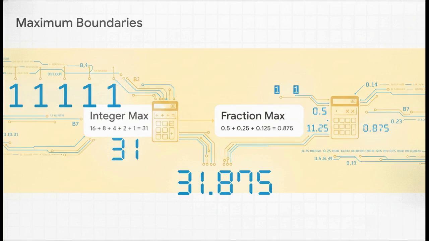That equals 31. For the fractional side, the bits represent halves, quarters, and eighths. Maxing all 3 of those out gives us 0.5 plus 0.25 plus 0.125, which totals 0.875. Put them together, and the absolute maximum value this reality can hold is 31.875.